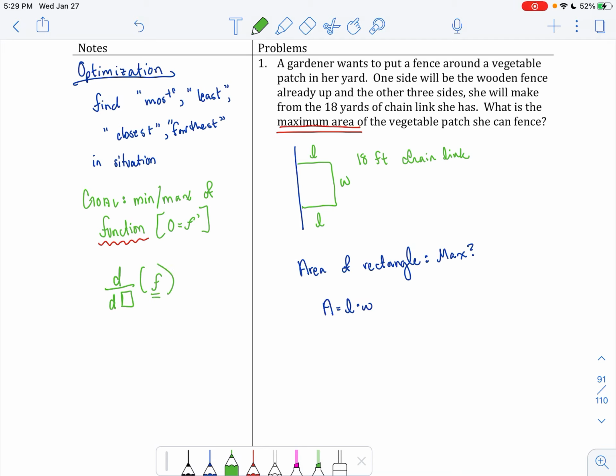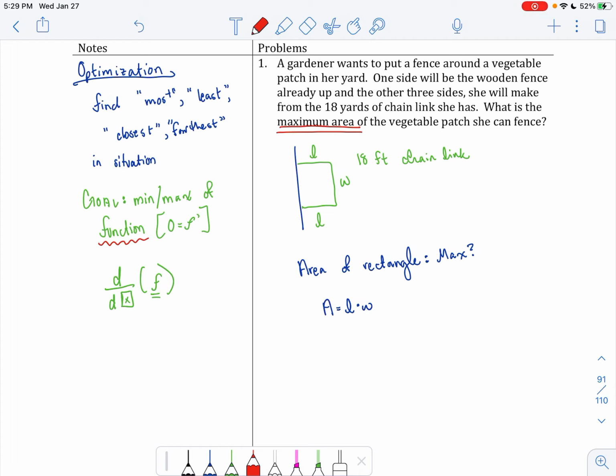If I have one variable in this function, I can just put that variable in here, such as x. But if there's 2, 3, 4, I have to use implicit differentiation. It becomes a whole thing. So my goal here is to reduce the variables, and this is going to be true in all of these.